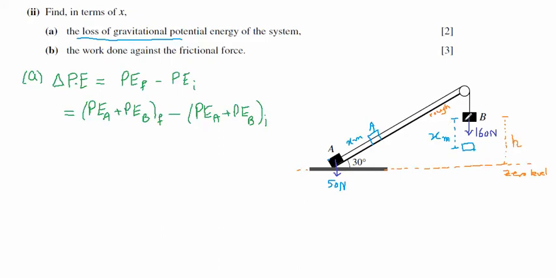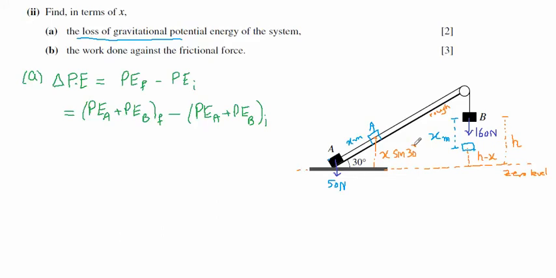After covering x meters down, the height of B will be h minus x. And the height of A after moving x meters on the inclined plane, using this right angle triangle with this angle 30 degrees, will be x sine 30 degrees.